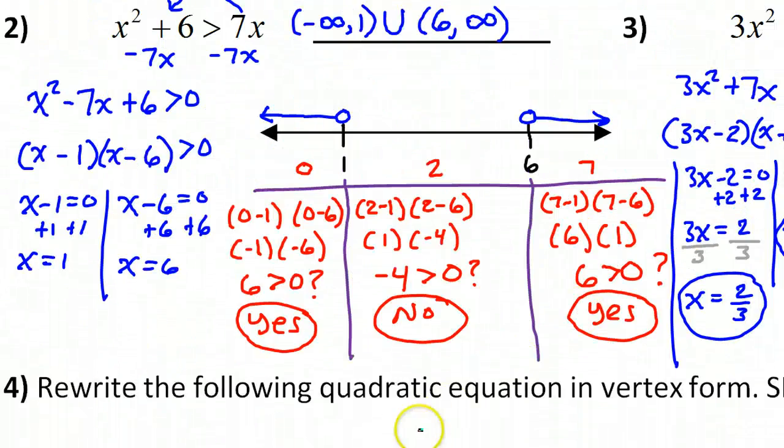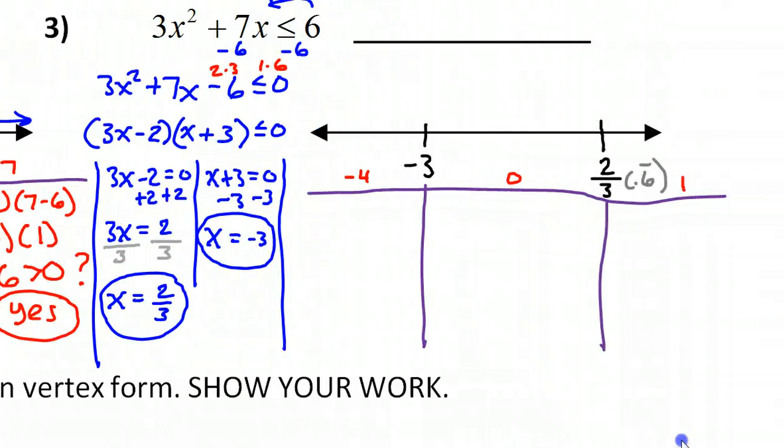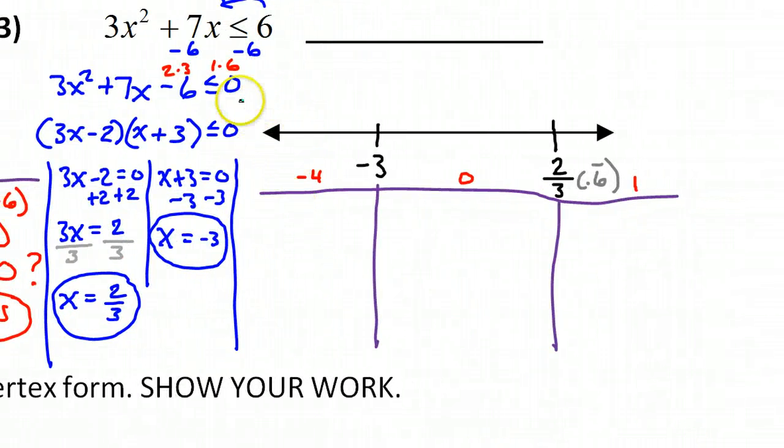Okay, so this is going to become 3 times -4 minus 2, and then -4 plus 3.